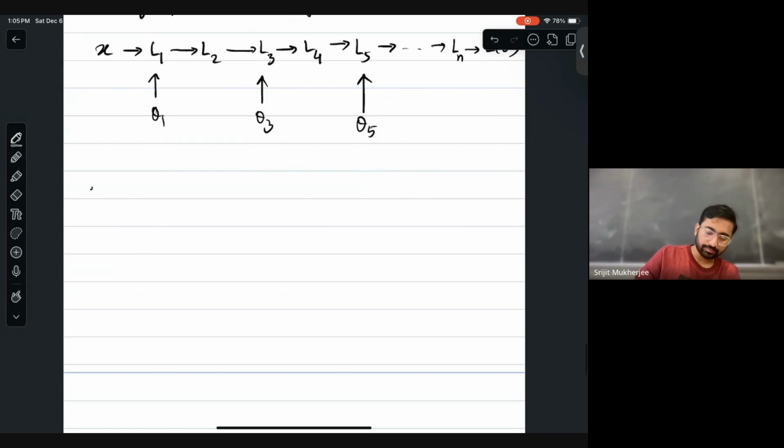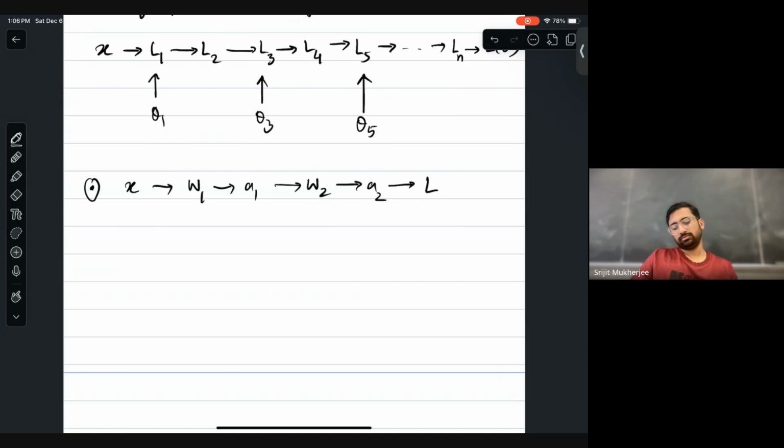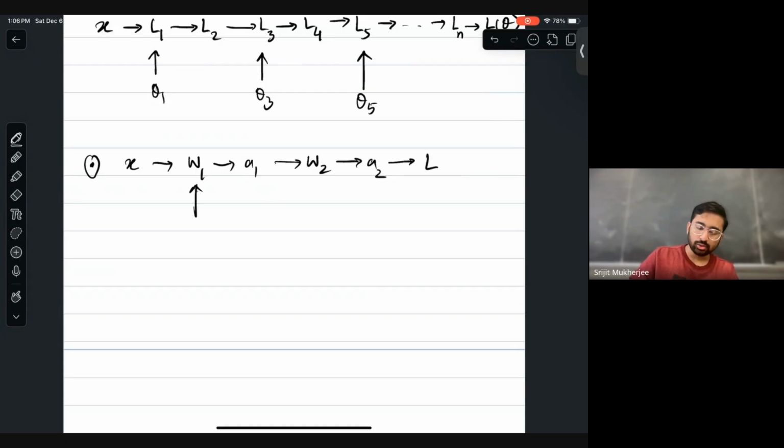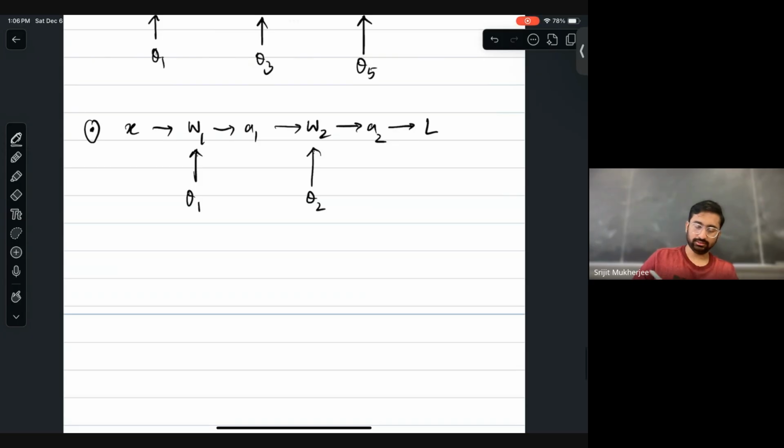Let's take a simple example. Let's say X is W1, activation, W2, activation 2, then loss. 3 layers. And here W1 is the parameter. Let's call it theta 1 is a parameter. Theta 3. So let's see how we'll calculate the loss. The final loss is L of A2 of W2 of... let's call it something different.